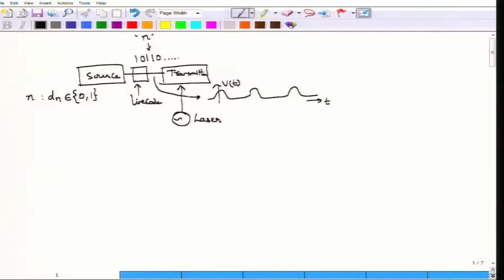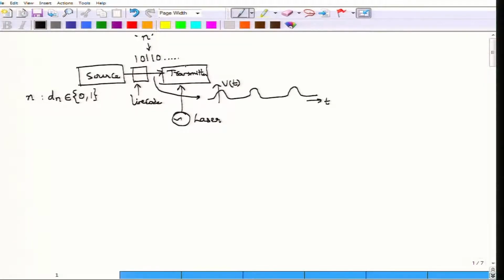So, this light coming from the laser will be modulated according to the pulses. Remember, these pulses which are input to the transmitter are the outputs of the line coding block, which means that these pulses directly represent the information or the bit sequence that would be transmitted over the fiber. So, bits are converted to pulses, pulses are in the electrical domain, voltage or current, which then has to be converted into the optical domain by this optical transmitter.